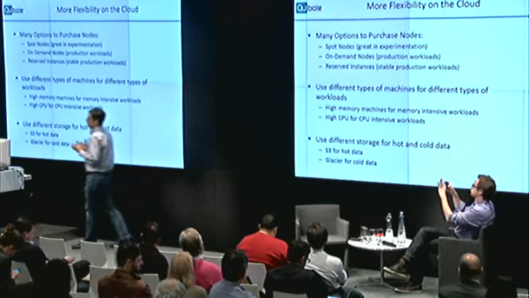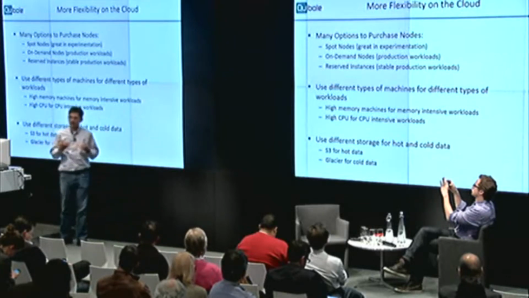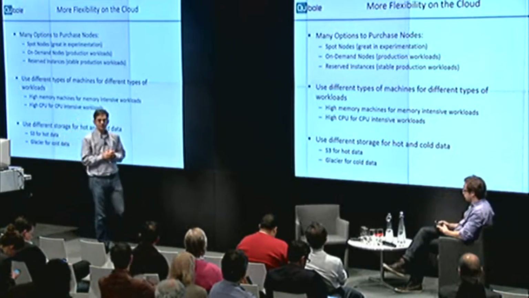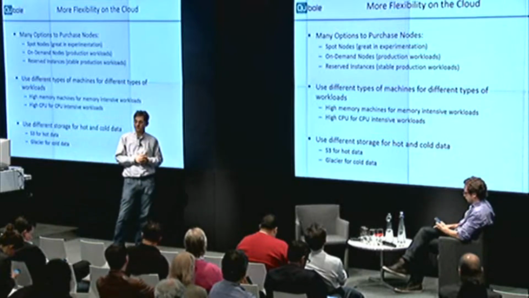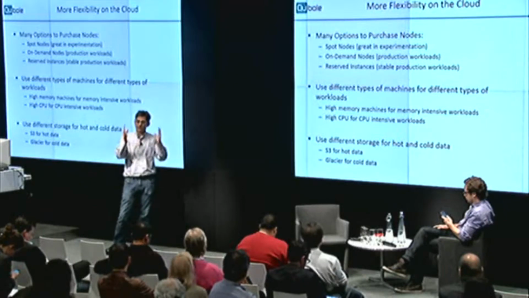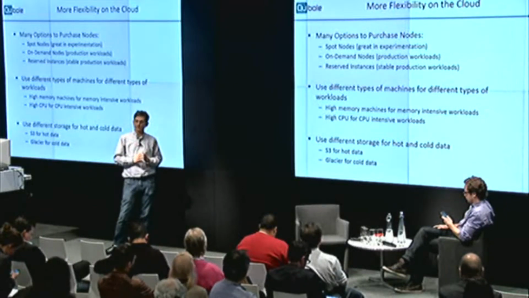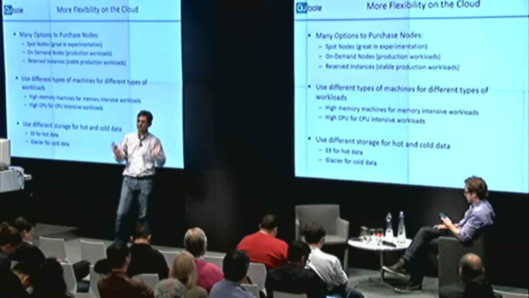All this is possible because of the dynamicity in the cloud, because of the fact that you have access to all those types of machines, and you lose those benefits if you are just doing an on-prem deployment where you have a fixed set of boxes which have been maybe certified by your procurement department, and that's where you work in.